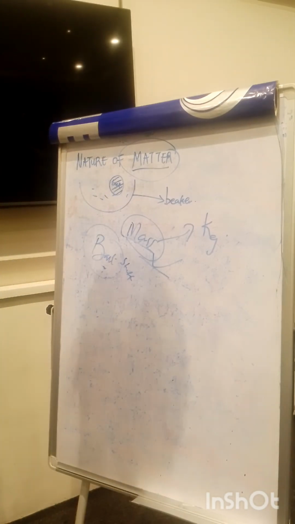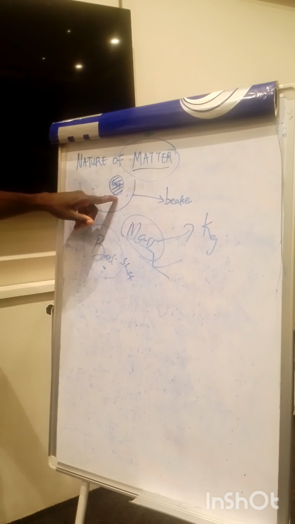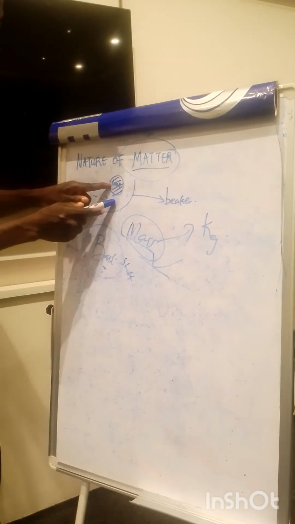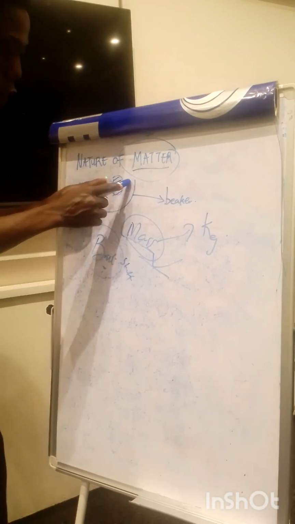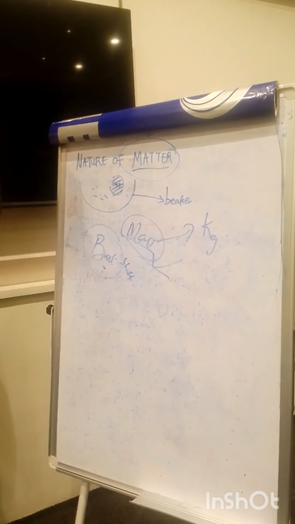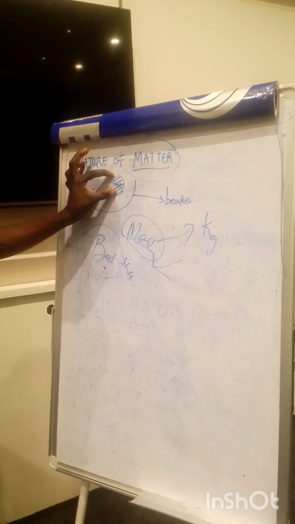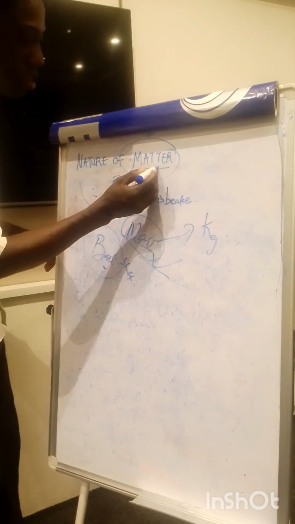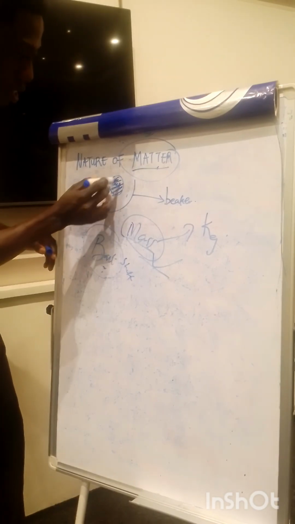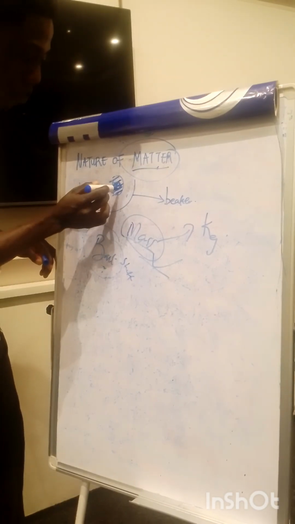We found out that this ball is a matter. Why? Because it has a mass and it occupies space. So what is the mass? The mass is the quantity of this matter inside this body, the quantity of stuff.